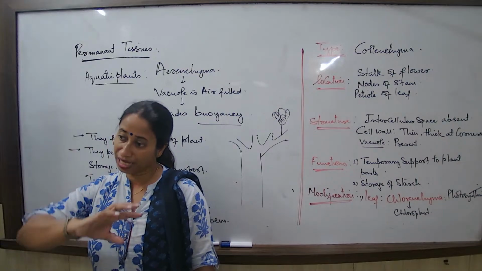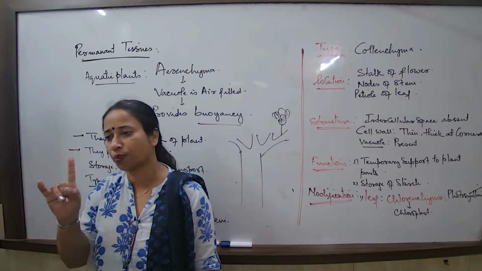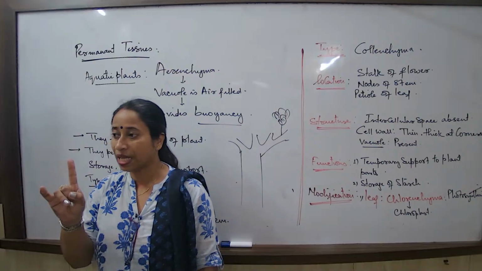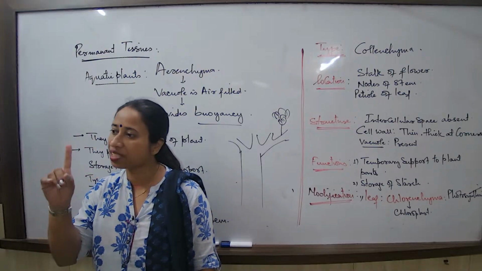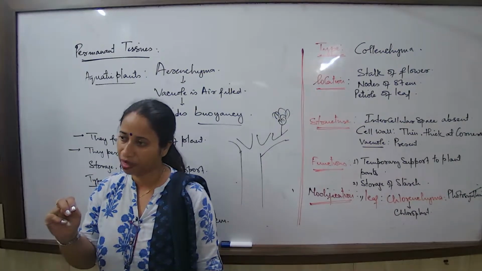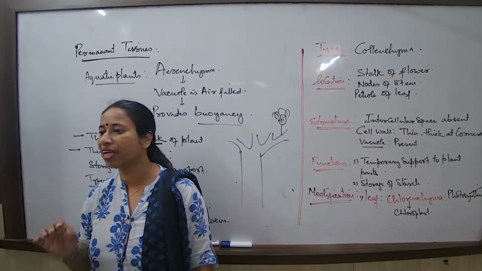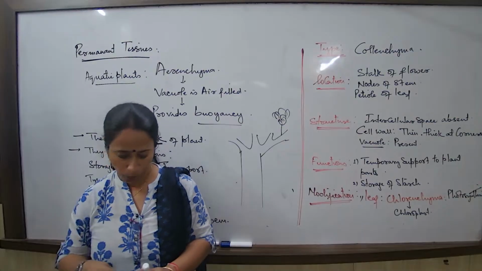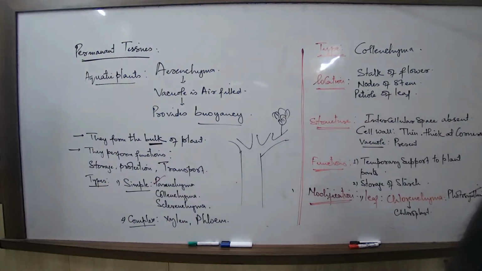If the statement says the cell wall is evenly thin, in which type of tissue? Parenchyma. The cell wall is thin but thick at the corners at certain intervals. Which type of tissue? Collenchyma. This is the reason why this type of tissue provides flexibility to the plant parts. We'll continue with collenchyma in the next class.